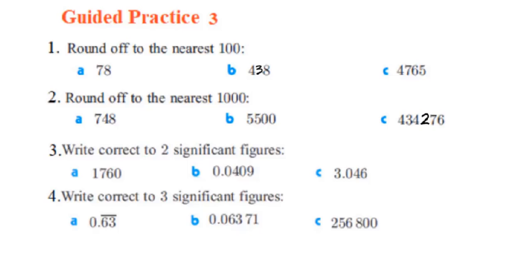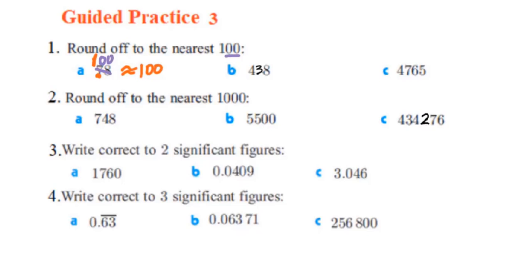For number 1, round off to the nearest 100. So we will change the last 2 digits into 00. Then we cross out this number. The first number you cross out, you have to decide to round up or round down. For this 7, we need to round up, so we change into 100.